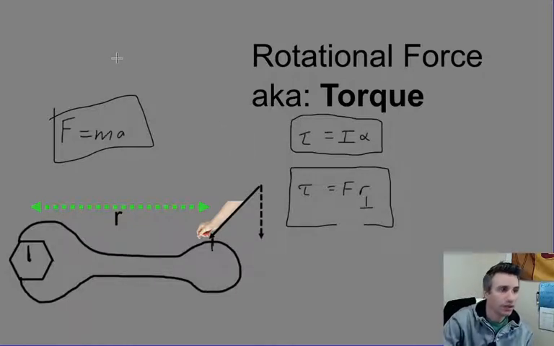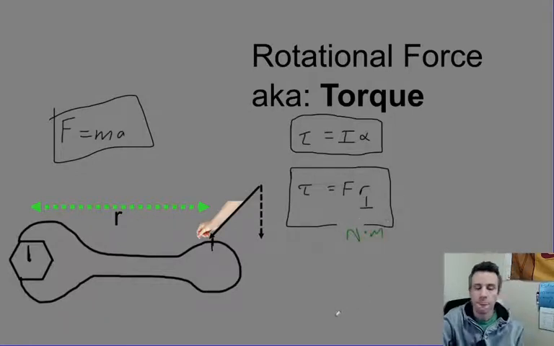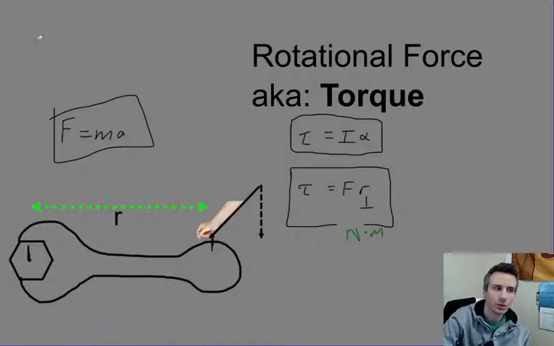Keep in mind that the units for torque are Newton meters, right? It's newtons times meters. Do you remember how work is force times distance? This is also newtons times meters, but we instead express work as joules. This is the same thing as joules.